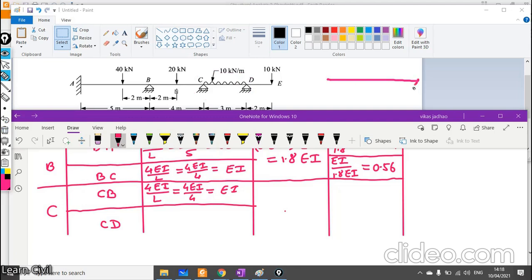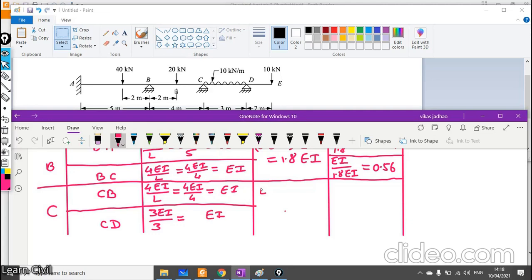As per our rule, if we have the far end hinged or roller, then the stiffness K will be equal to 3EI upon L. So 3EI upon span of 3 meters will be EI.